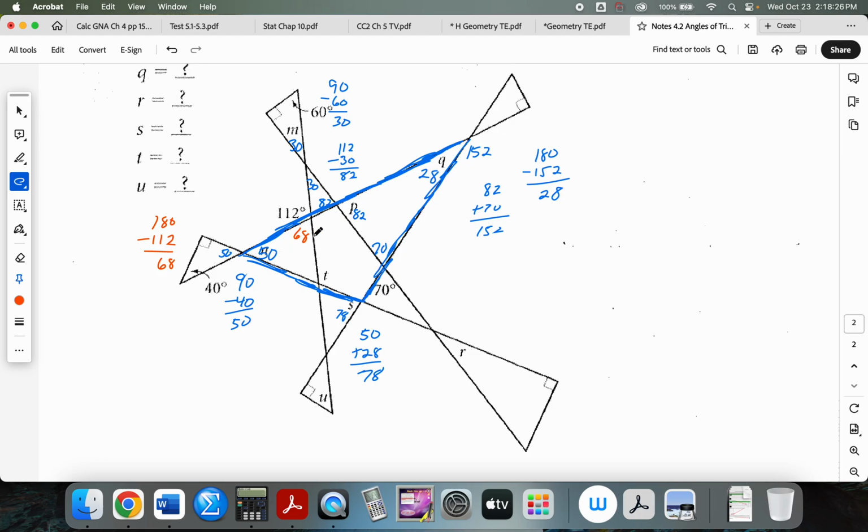And then adding those two together, 50 plus 68, we get 118, and that's angle T. The exterior angle is equal to the sum of its two remote interior angles.